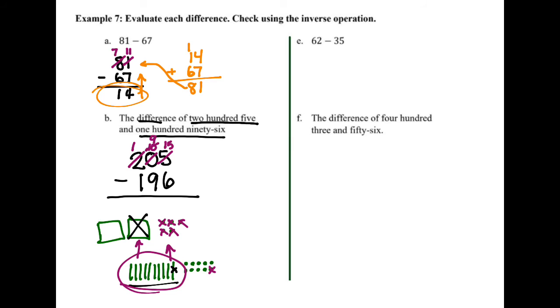Okay, now we're going to subtract up here. So we have 15 minus 6 is 9. 9 minus 9 is 0. And 1 minus 1 is also 0. So we have 9 left. So do I need those zeros in front?